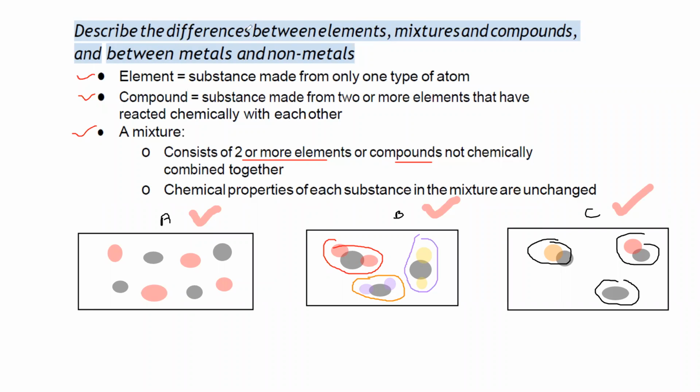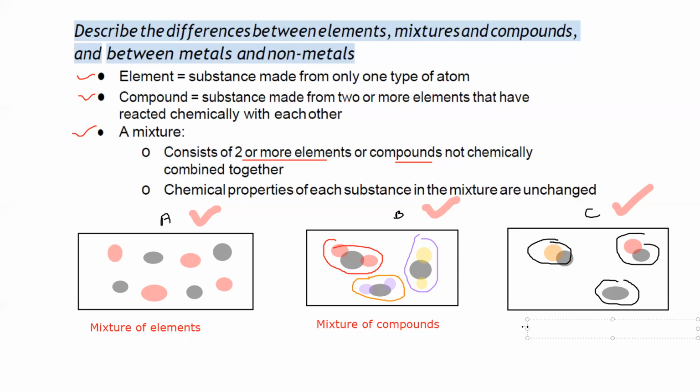What is A? A is actually a mixture of elements. What is B? B is actually a mixture of compounds. What about C?